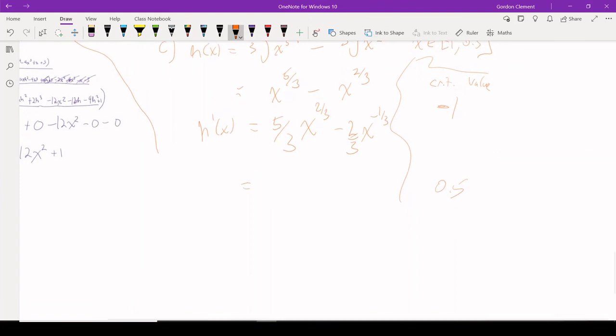And so I'm going to rewrite it. Maybe I'll write it this way. So I just put the x to the 2/3 on top because it's positive. I put the x to the 1/3 on the bottom because it's a negative exponent.